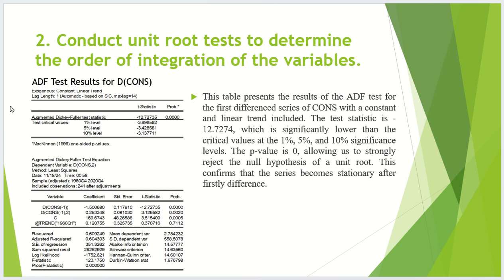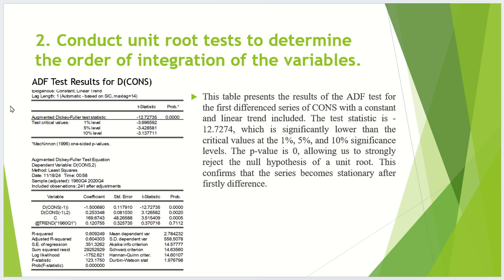The t-statistic is -12.7274, which is significantly lower than the critical values at the 1% level. The p-value is 0, allowing us to strongly reject the null hypothesis of a unit root.